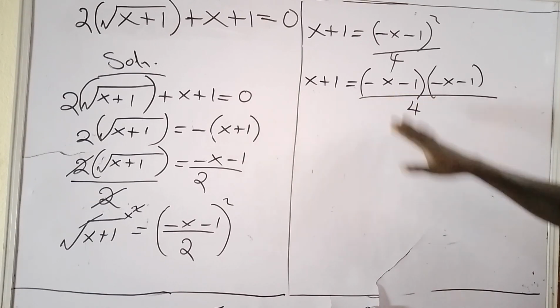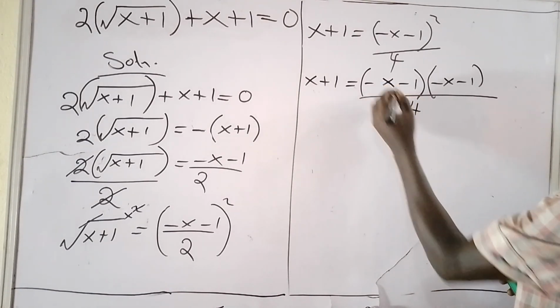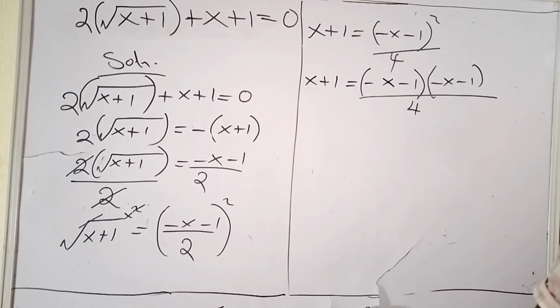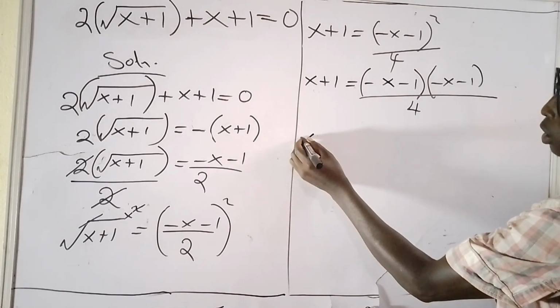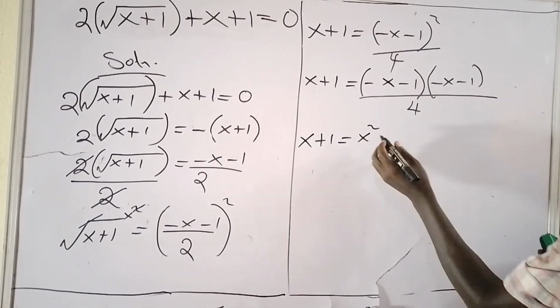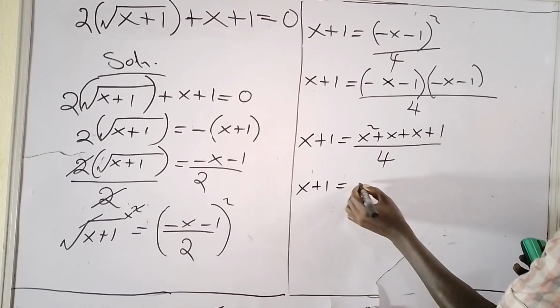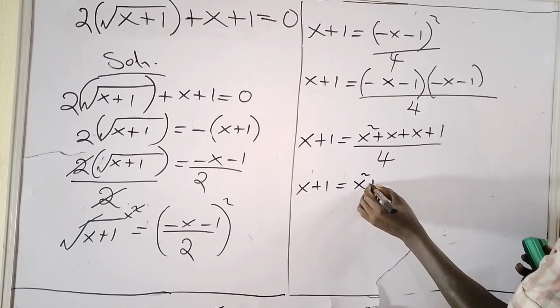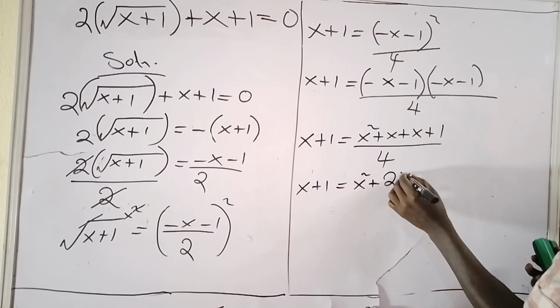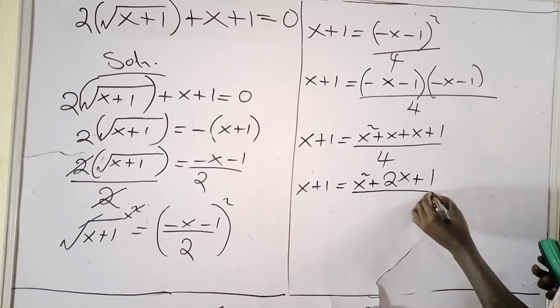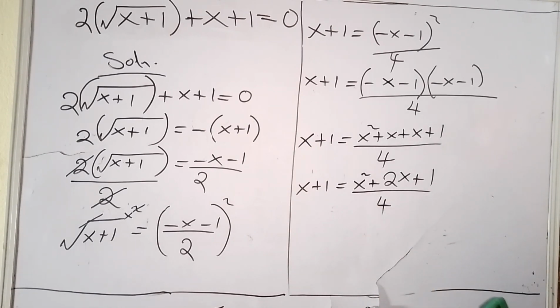Going by our normal product rule, the first bracket needs to be multiplied by the second bracket, and we know the nature of the operation. x, that means I have x plus 1 is equal to x squared plus x plus x, I have 2x plus 1, everything over 4.